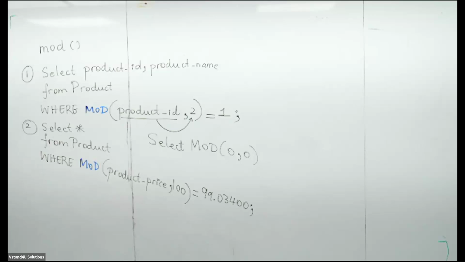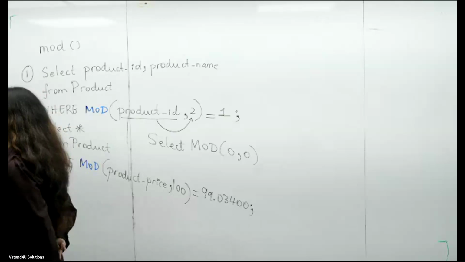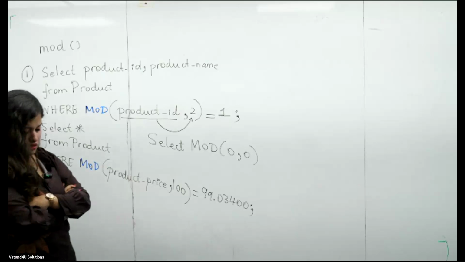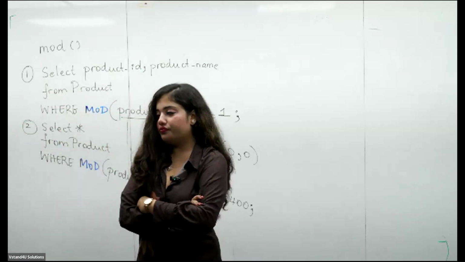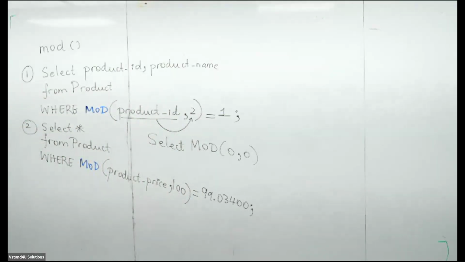Write a query to display product name and absolute value of product price as absolute value for all products.